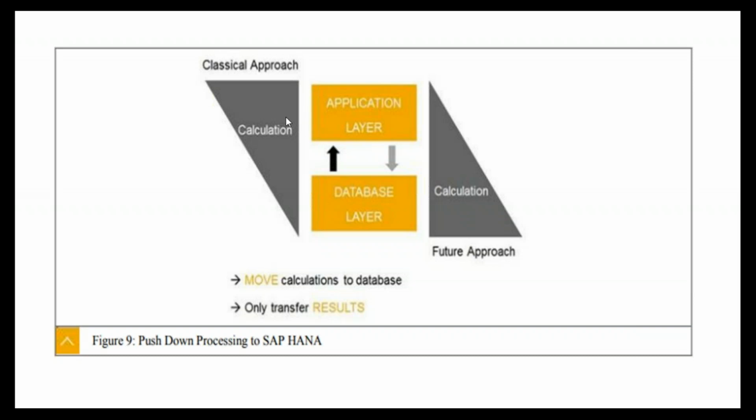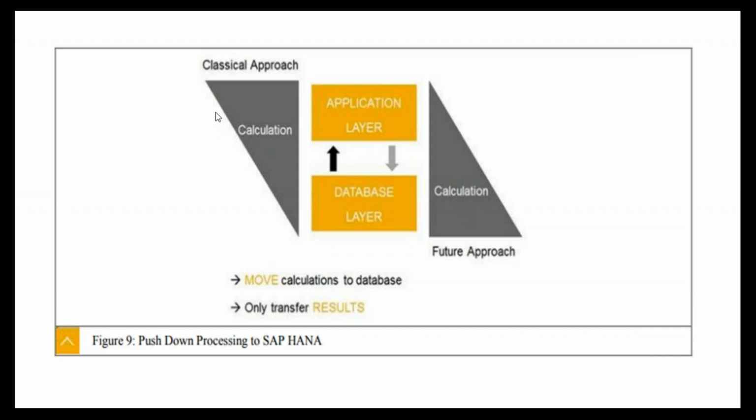For example, if you have written an ALV program or a normal classical report program, and you want to modify something, like deciding the country based on the city, those kinds of small things, you would write the logic in ABAP code, and that ABAP code processes the entire thing in the application layer.